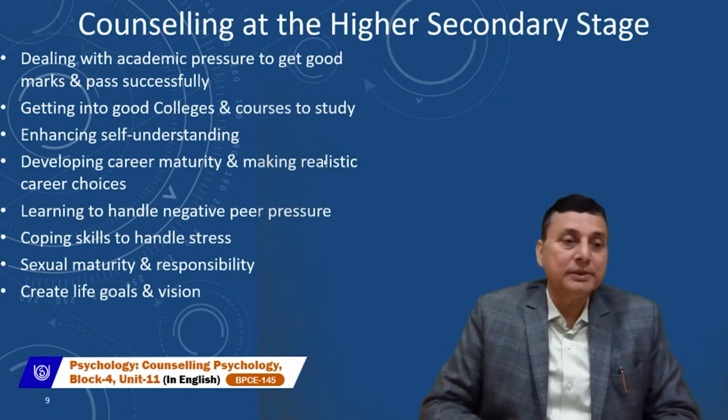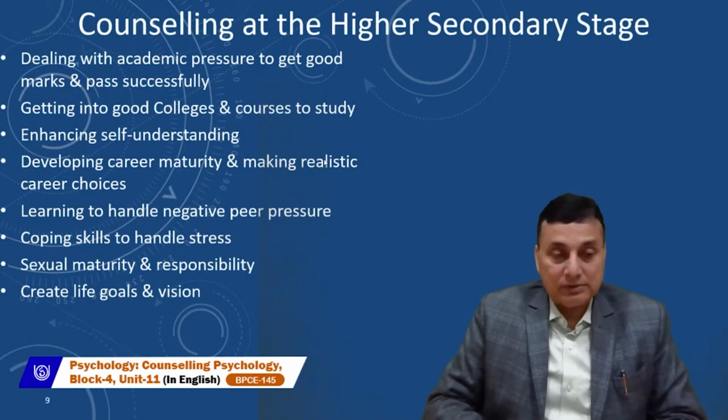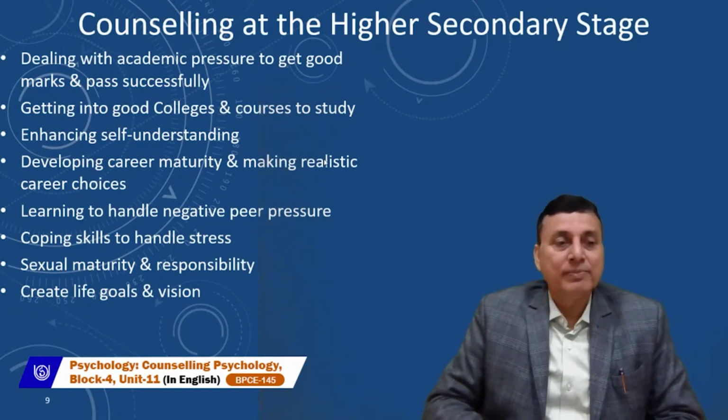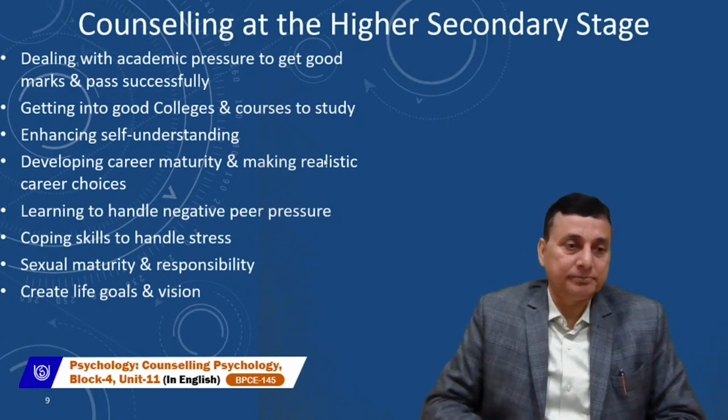All these things should be taught to the students. They should take proper precautions. But the best thing is to avoid such things at this stage. And still, if they want to experiment, the safety measures must be used, and they must be taught about masturbation and other things.